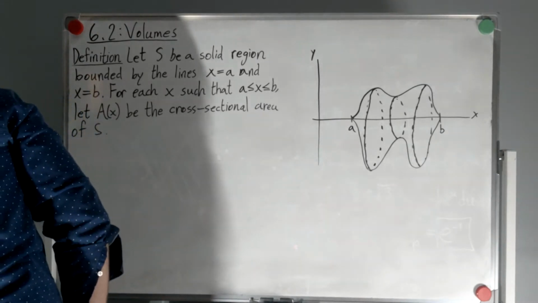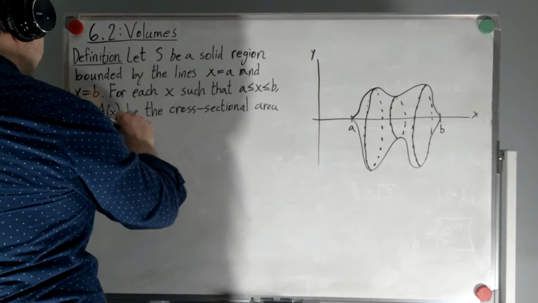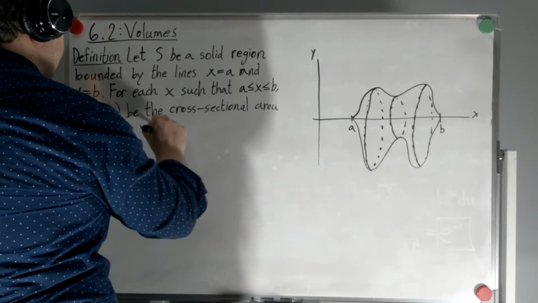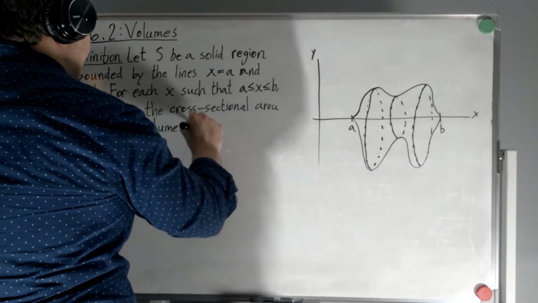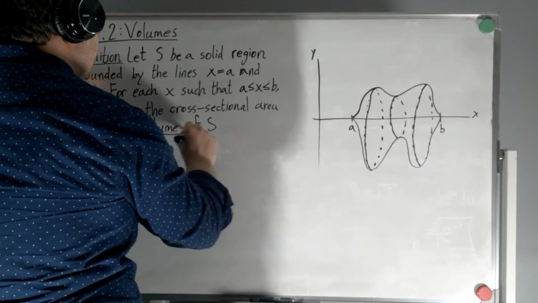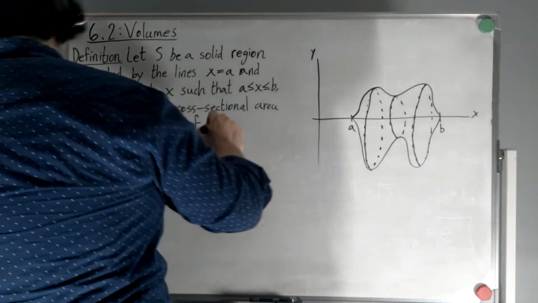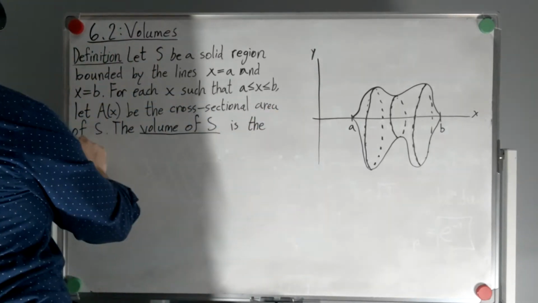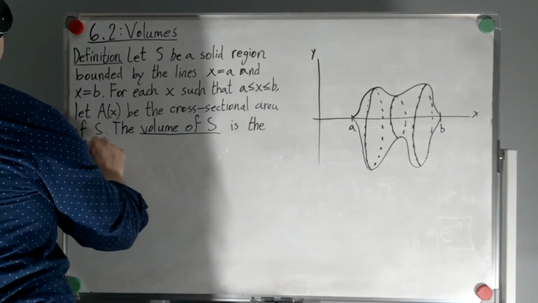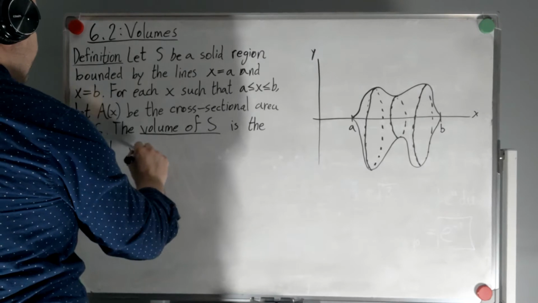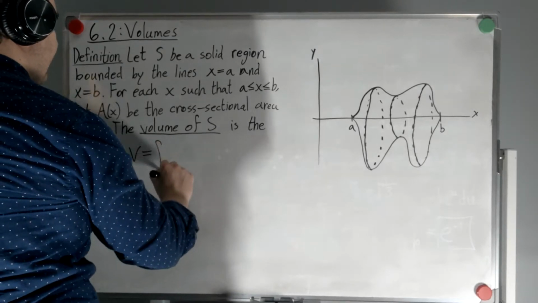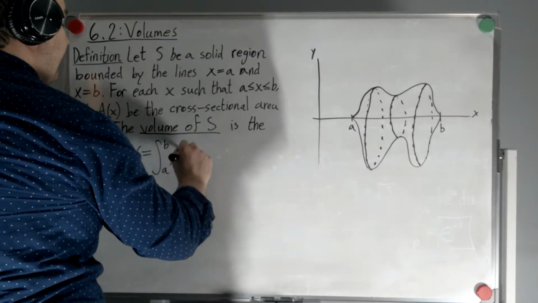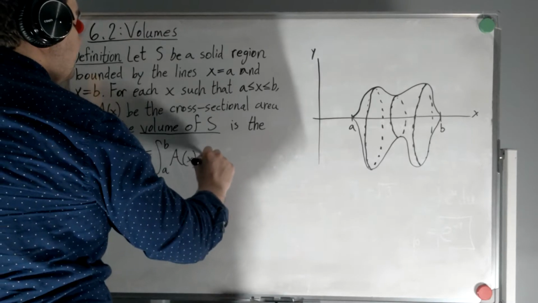So, the volume of S is the integral, V equals integral from A to B, A of x dx.